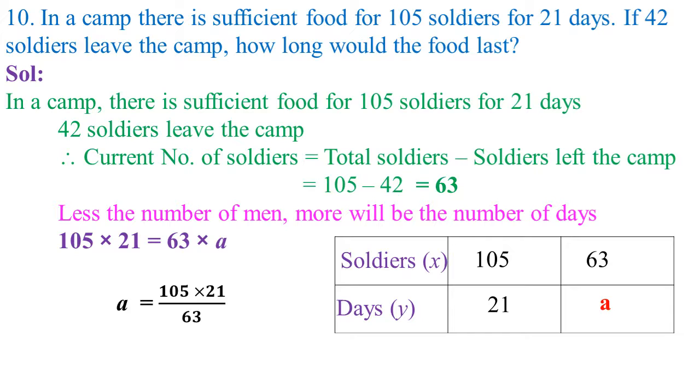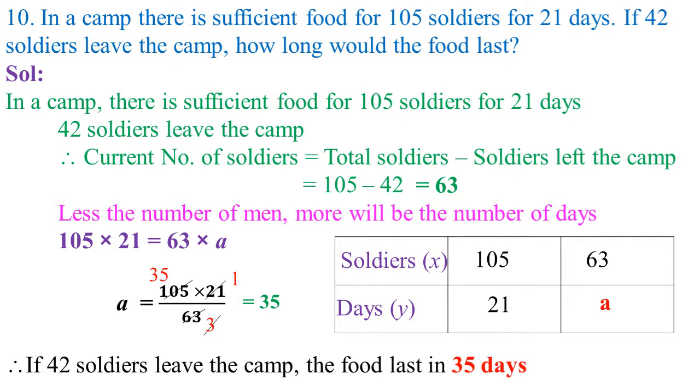So A equals 105 into 21 by 63. Here the common factor is 21. So 1 21 is 21, 3 21s are 63. 1 3 is 3, 35 3s are 105. So the A value is 35. Therefore, if 42 soldiers leave the camp, the food lasts 35 days.